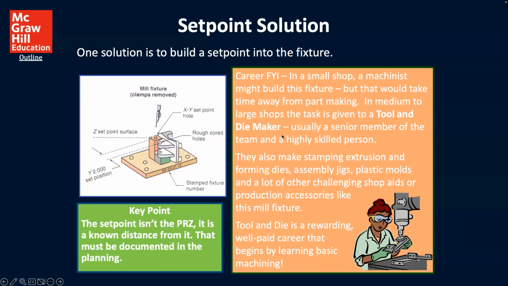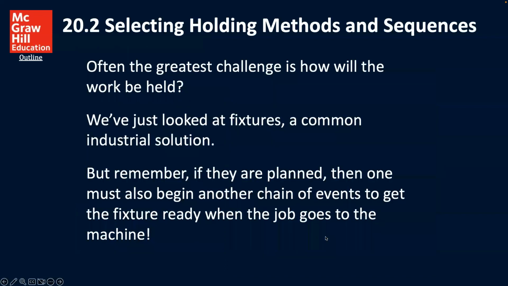They also make stamping, extrusion, and forming dies, assembly jigs, plastic molds, and a lot of other challenging shop aids or production accessories like mill fixtures. Tool and die is a rewarding, well-paid career that begins by learning basic machining. So that's something to think about. Okay, I'm going to pause the video there, and then we'll finish up with the second module part.